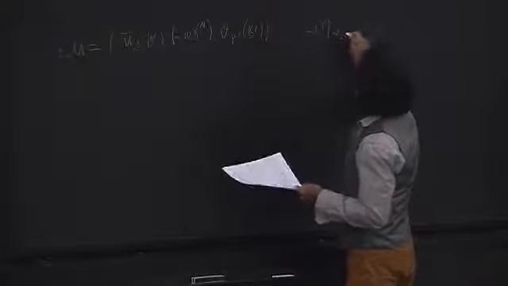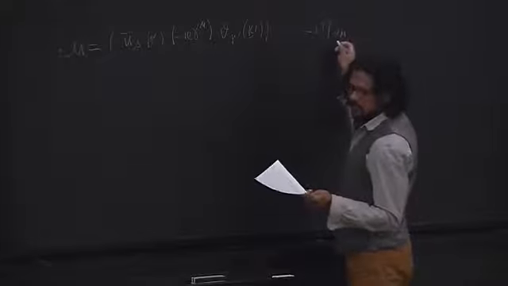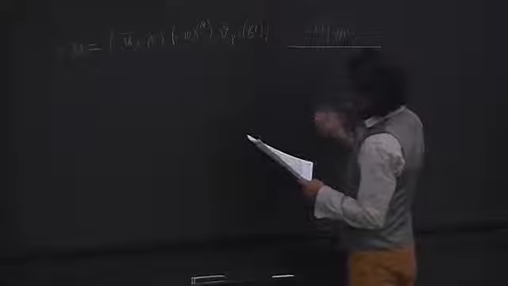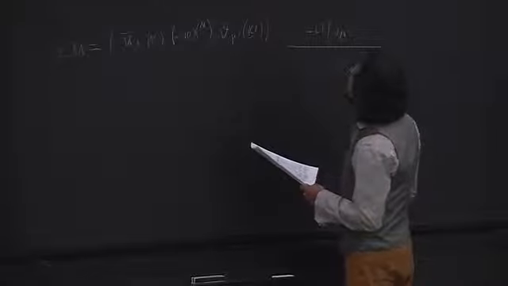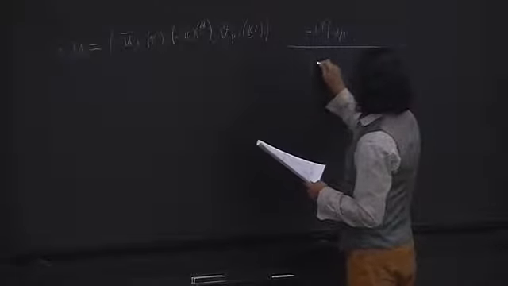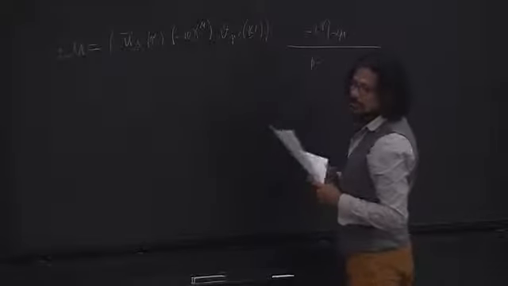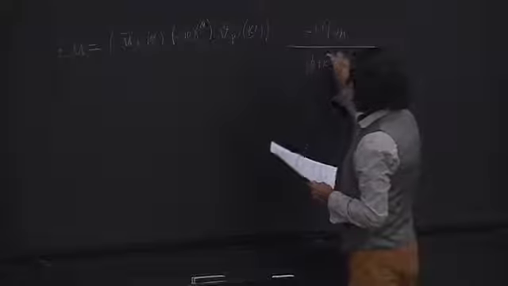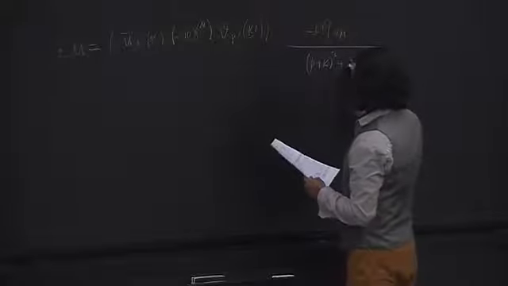Well, in the right picture we should have put nu, but it's symmetric, so it doesn't matter. And the denominator is p squared plus i epsilon. What is p squared here? It's k plus p squared plus i epsilon.